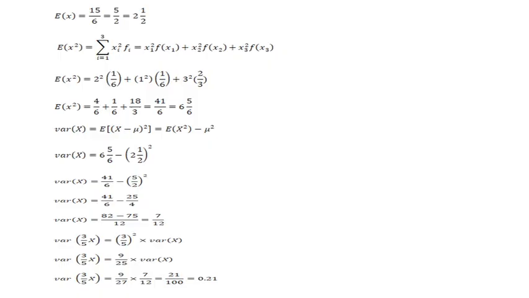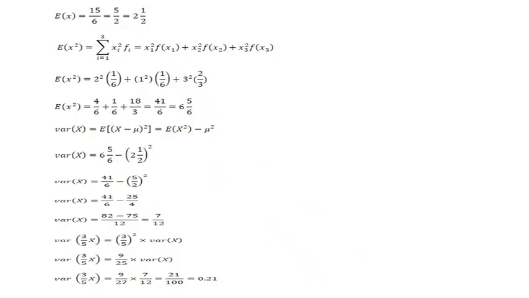Adding these together gives us the expectation of x, or mean of x, to be 15 over 6. When you break it down, 15 divided by 3 gives 5, and 6 divided by 3 gives 2. That gives us 5 over 2, which is 2 whole number 1 over 2. Now we've gotten the mean, and we calculate the variance too.